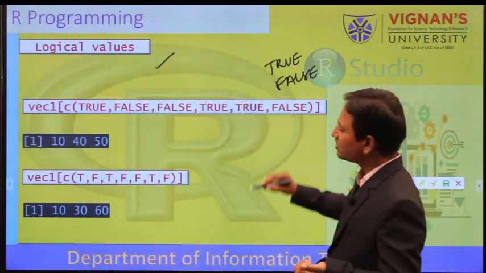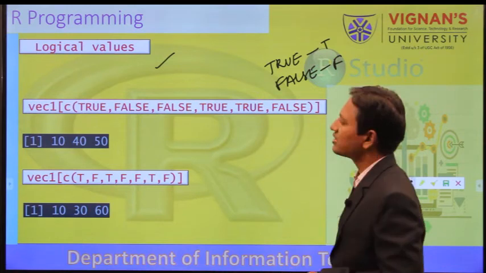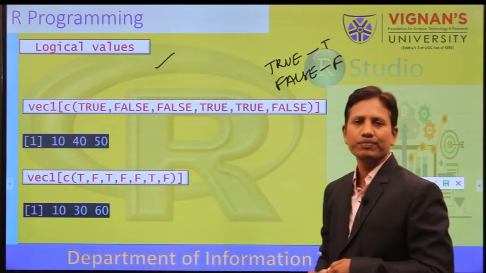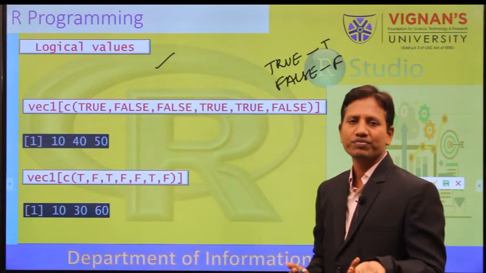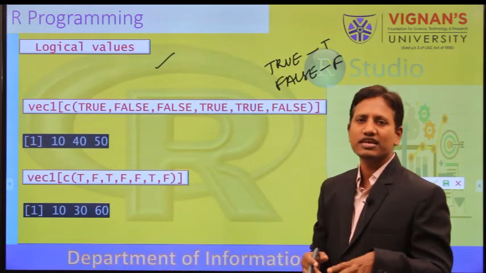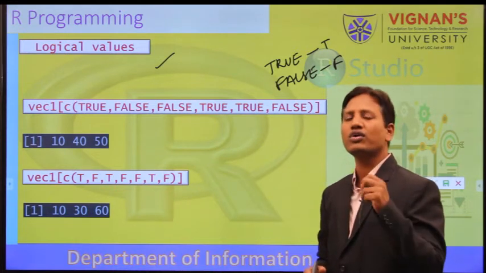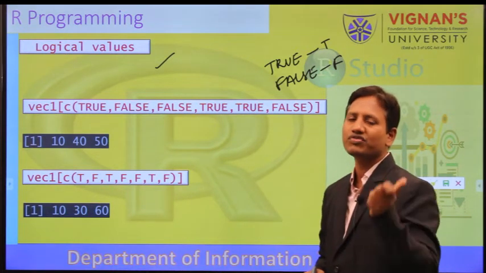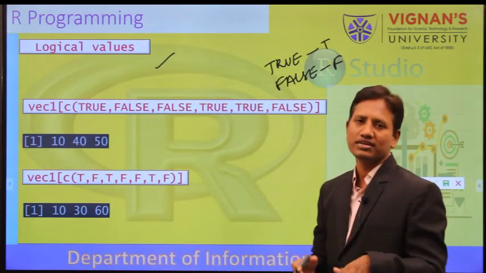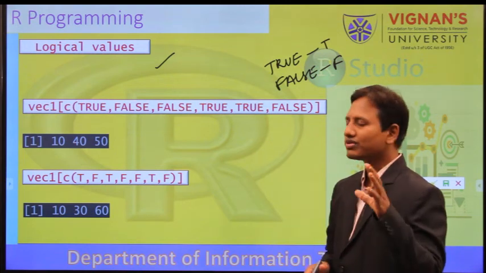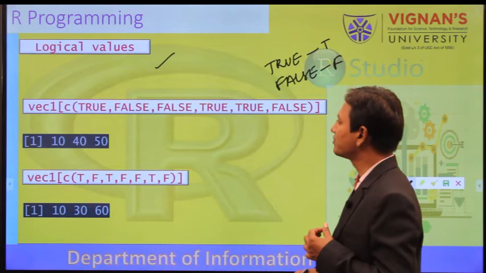And in short, true is represented as T and false is represented as F. So wherever we put this true, that index is accessible. So we are instructing R to access that indexing value. If you put F, you just omit that value. So that is the concept of this logical value usage.